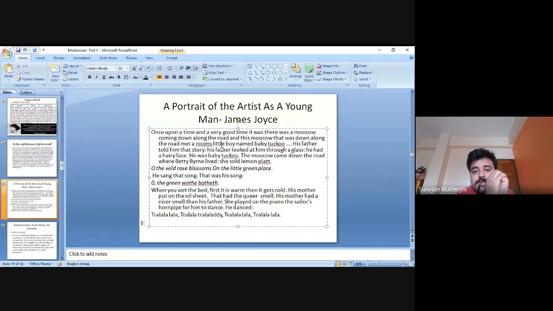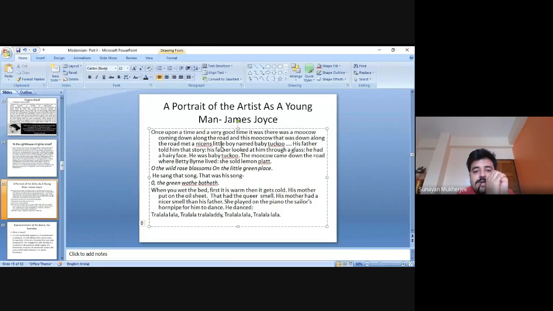Once upon a time, and a very good time it was, there was a moo cow coming down along the road. And this moo cow that was coming down along the road met a nice little boy named Baby Tuckoo.